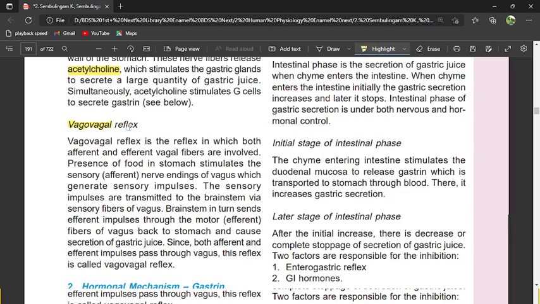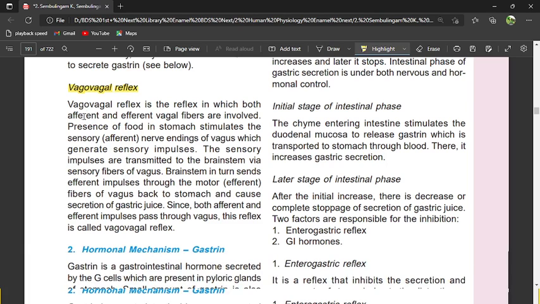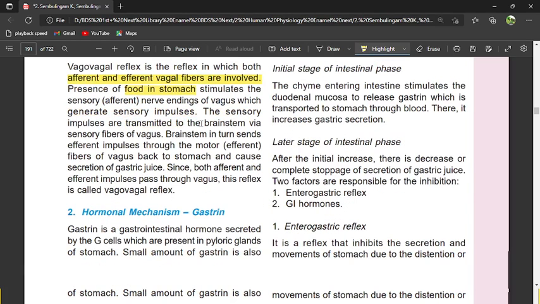Next is the vagal reflex. The vagal reflex is a reflex in which afferent and efferent vagal fibers are involved. The presence of food in the stomach stimulates sensory afferent fibers, which generate sensory impulses.